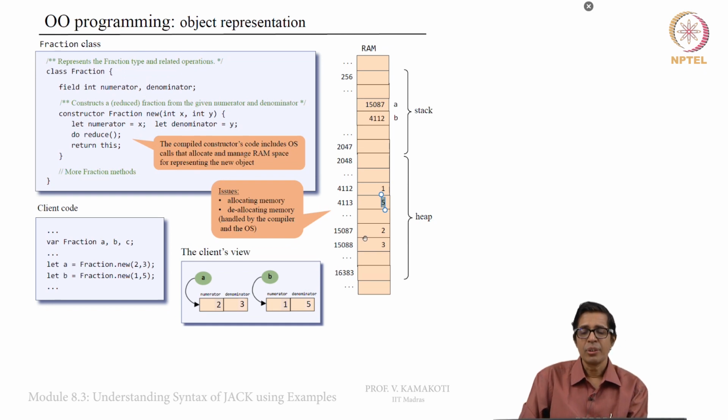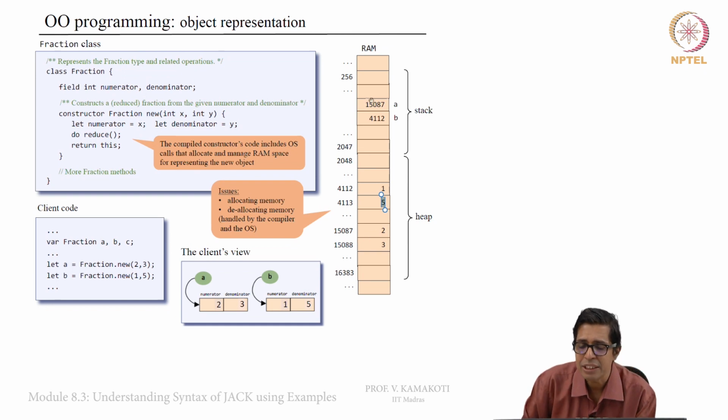Right. So what I mean by deallocating this memory is, when I go here I want to deallocate. So in the heap 4112, 4113, 15,087, 15,088 are all now non-empty, they are not free.